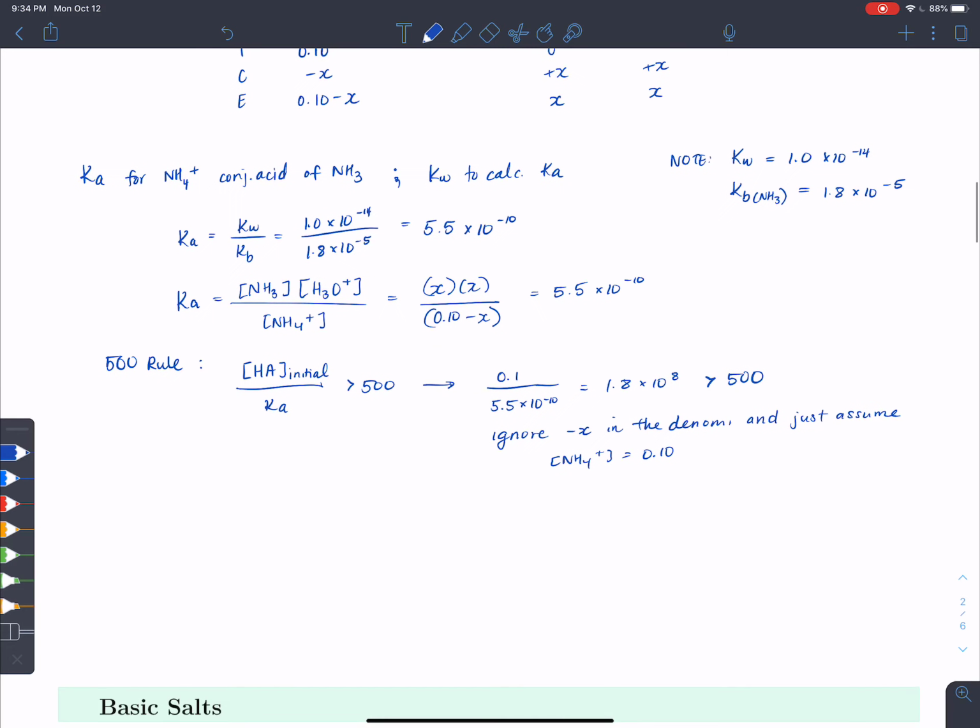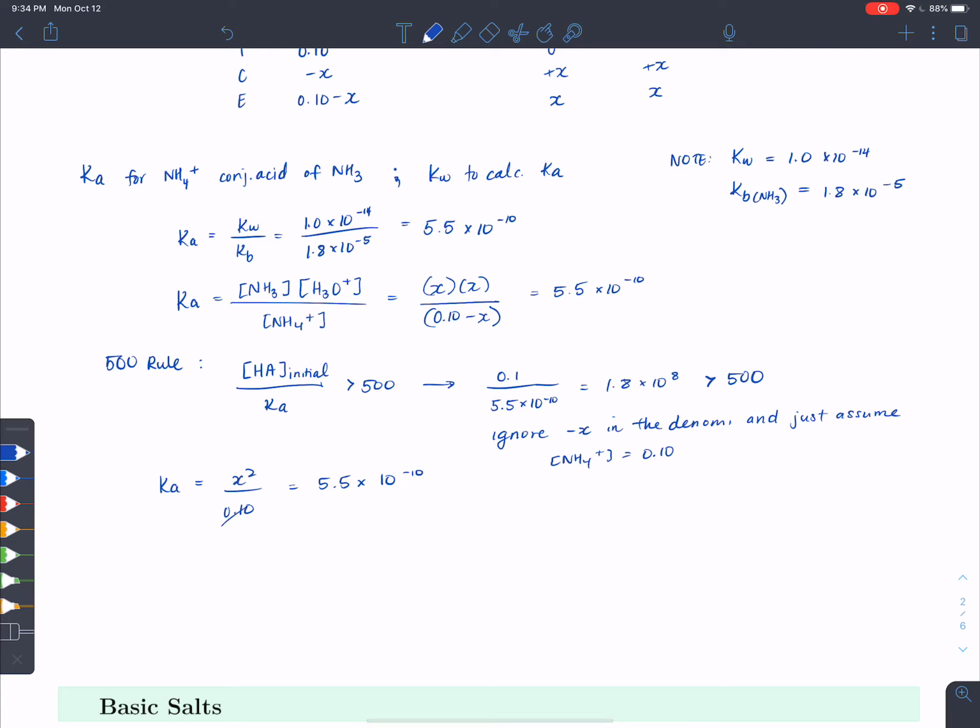Okay, so then that means we can end up solving for our Ka as x squared over 0.1. And we know that this is equal to 5.5 times 10 to the power of negative 10.